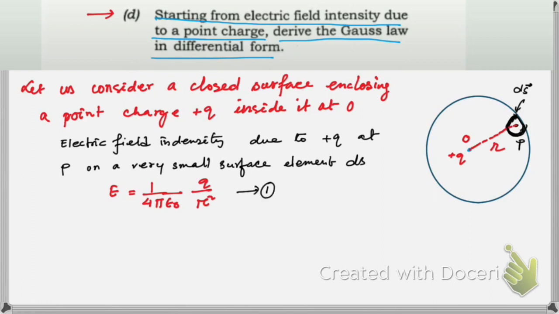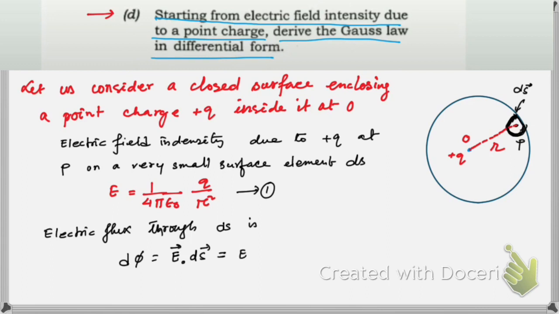Electric flux through the surface element ds is given by d phi is equal to electric field E dot ds, right, and the product of these two will be given by E ds cos theta, right?